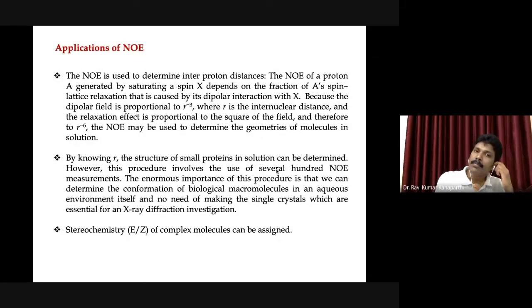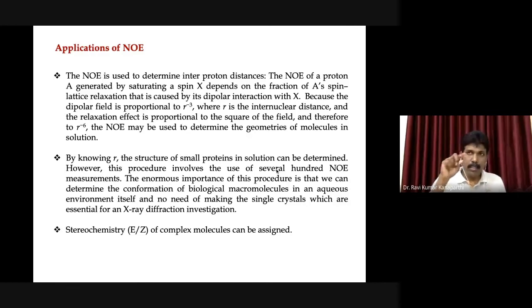and that is in fact a useful phenomenon to arrive at certain numbers. In fact, this is the major application of NOE in 2D NMR spectroscopy. Since it is r to the power 6 difference, 1 over r to the power 6 is the relation with the distance.